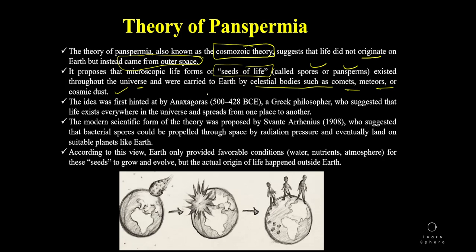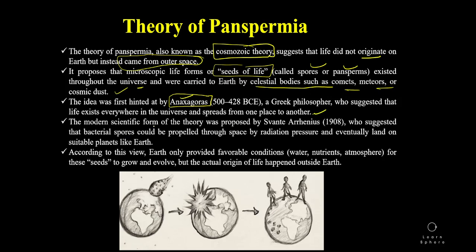The first idea of this theory came in the mind of Anaxagoras, a Greek philosopher who suggested that life exists everywhere in the universe and spread from one place to another.